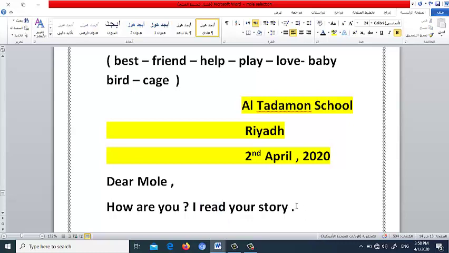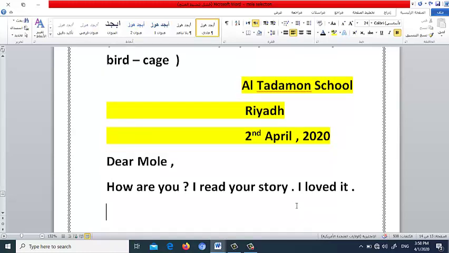Here, I loved it. I loved this story. Why? You will start to explain to Mole why you love this story. Here, I love this story because you taught me a very good lesson.